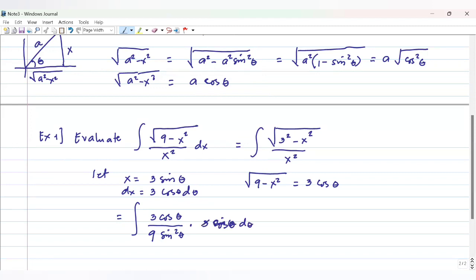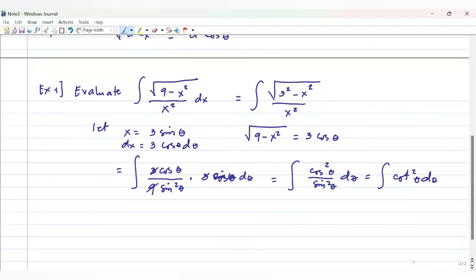So this will cancel out. So this will also cancel out. So finally, our function will be cosine squared of theta over sine squared of theta d theta. But what is cosine over sine? That will be cotangent. So that will be cotangent squared of theta d theta.